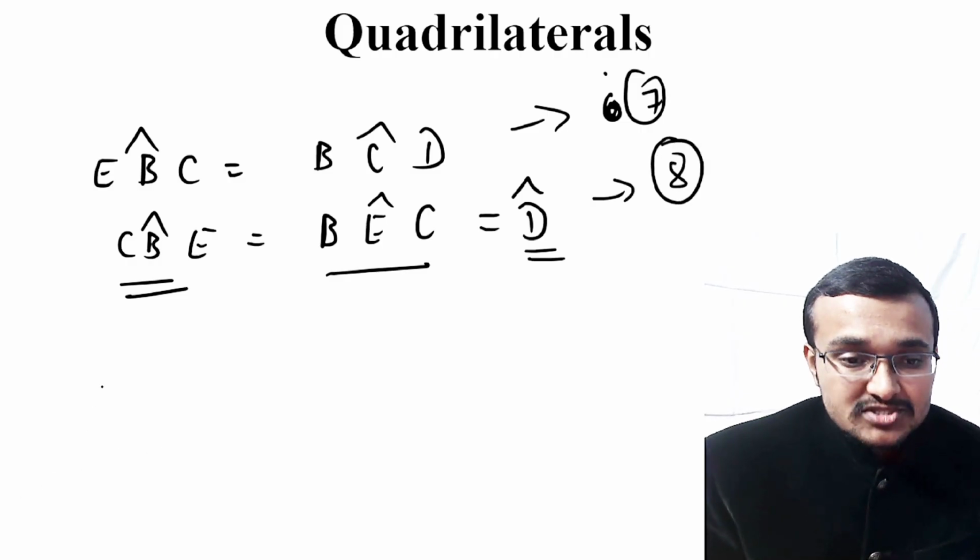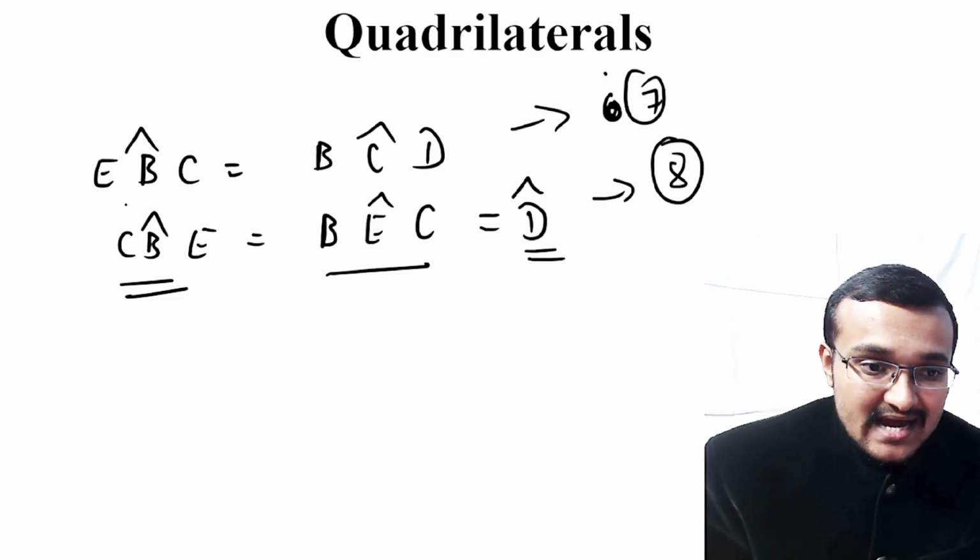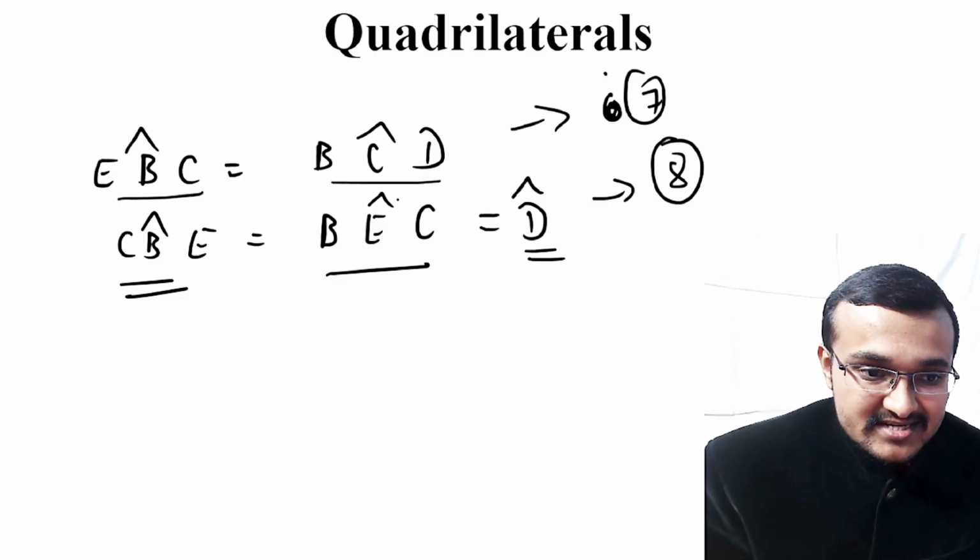So now, because we have got CBE is equal to BEC is equal to D, and we have got EBC is equal to BCD.